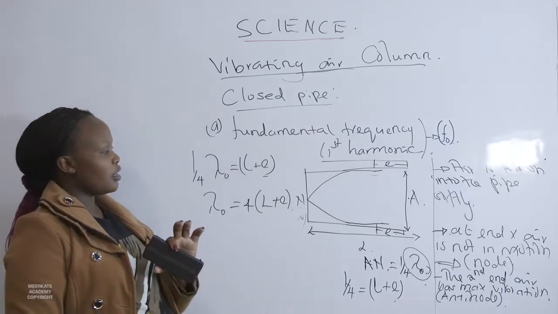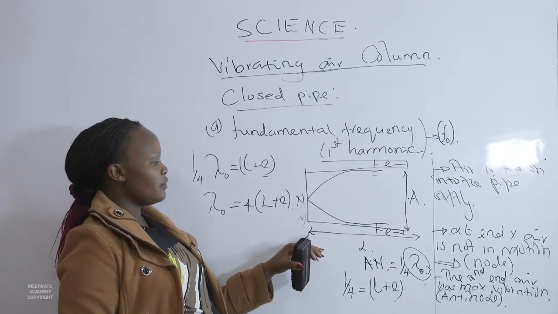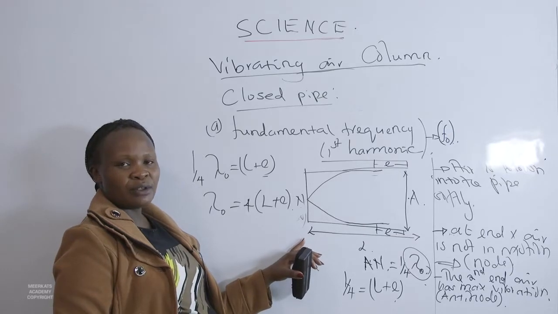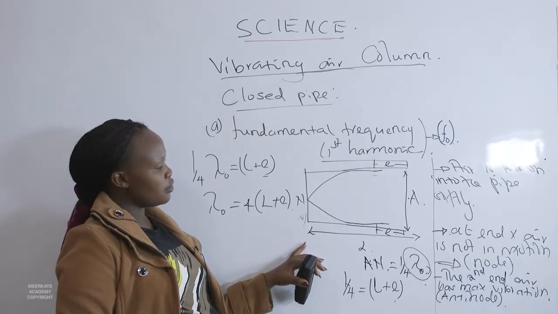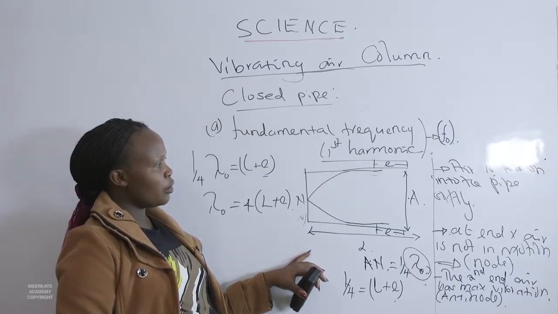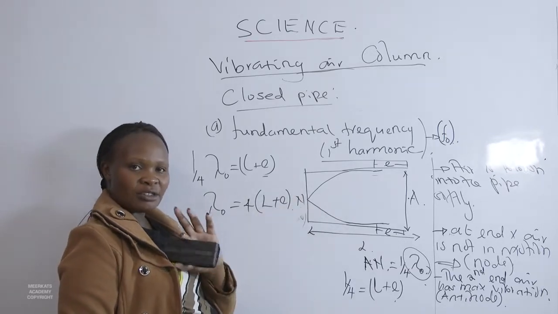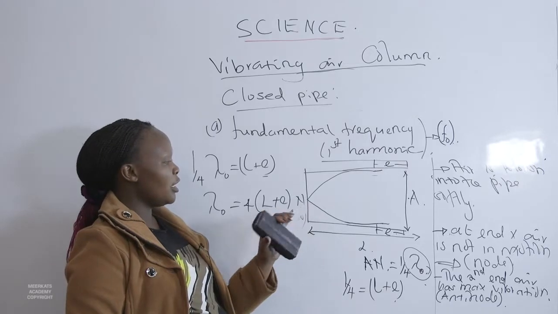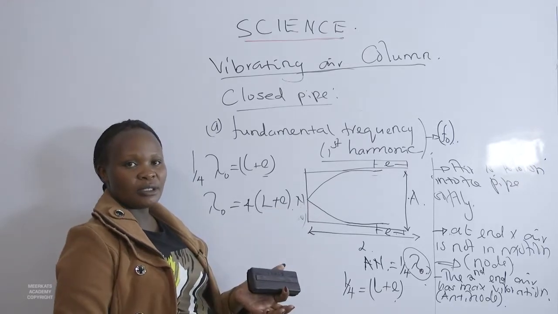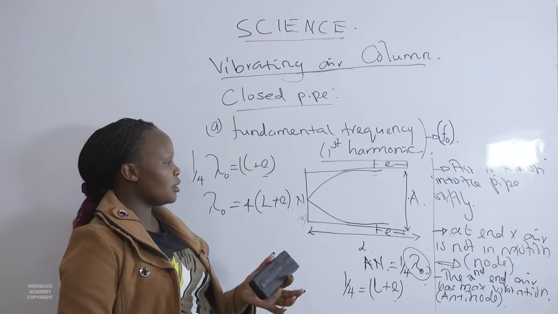Why do we say that? We have seen that we have blown air quite softly into our pipe. Now, at the closed end, there has to be a node, because air is exhibiting zero displacement.